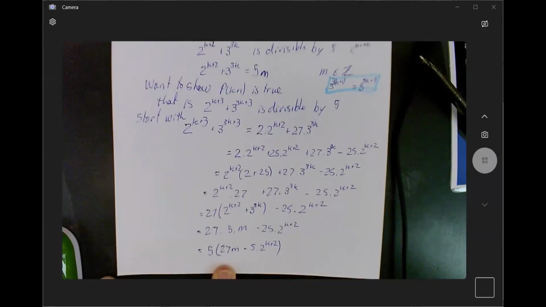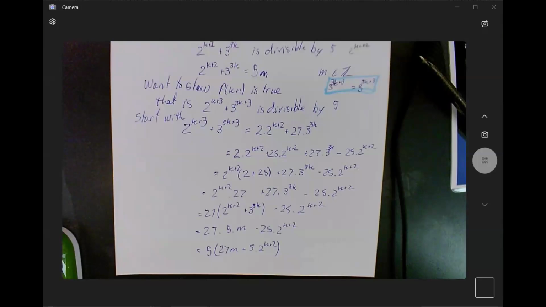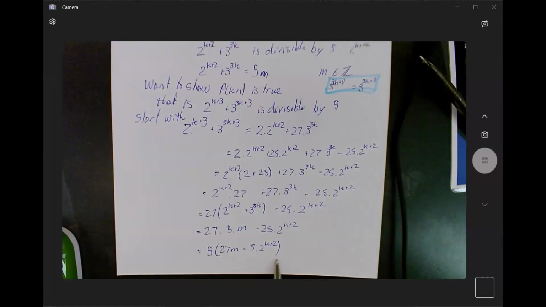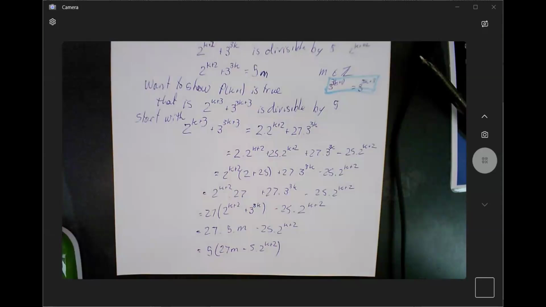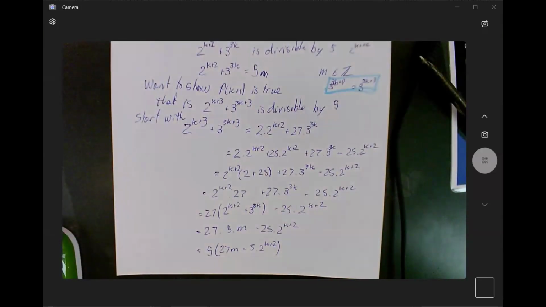Now, this is a trick. Because I've now shown it's 5 times an integer, I've actually shown it's divisible by 5. Like I say, this is difficult because that little bit there is something you kind of have to have seen happen.